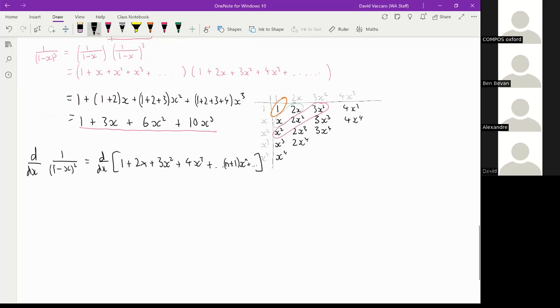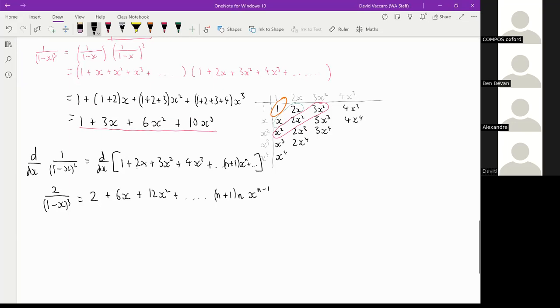So if we differentiate on the left, we get, by the chain rule, 2 over 1 minus x cubed. And if we differentiate on the right, we get 2 plus 6x plus 12x squared, and then we get n plus 1 times n x to the n minus 1.